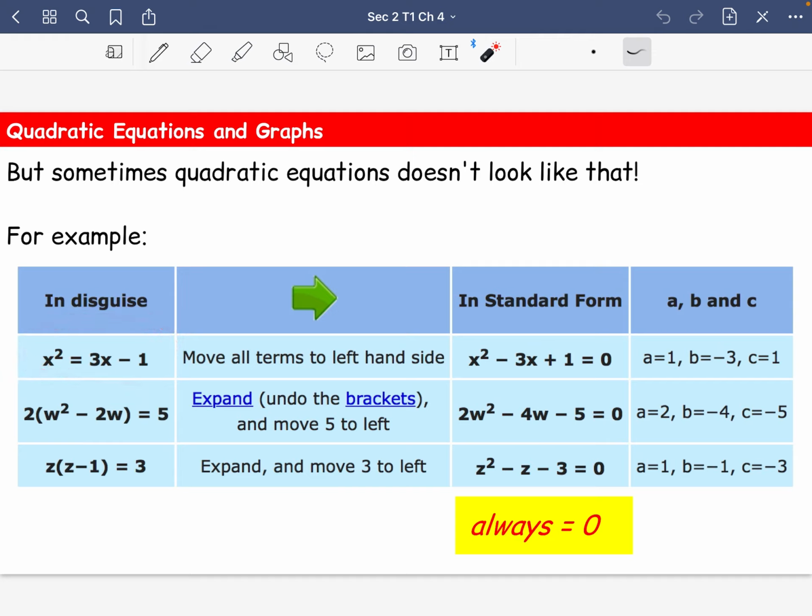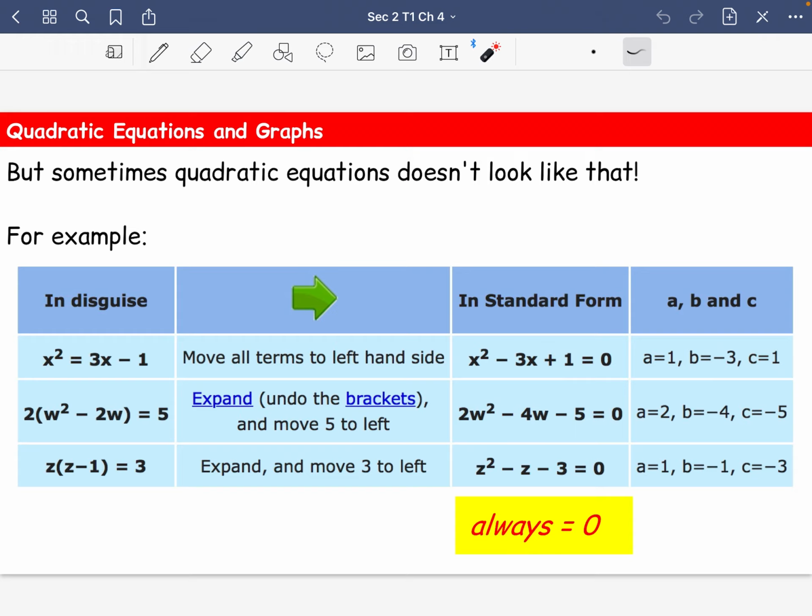We move 3x to the left side, we move negative 1 to the left side, and it becomes x squared minus 3x plus 1 equals 0. Remember that quadratic equations are always equal to 0. That's what makes it an equation. Therefore, your a here, given this equation, is 1, your b is negative 3, and your c is positive 1, or simply 1.